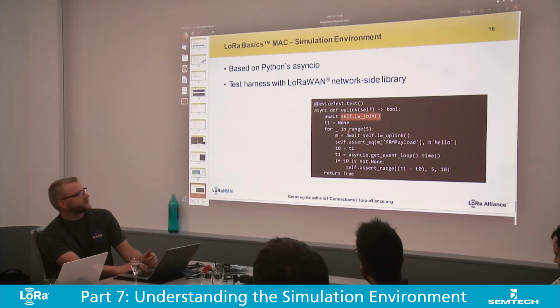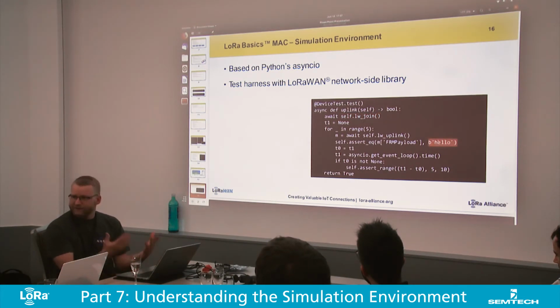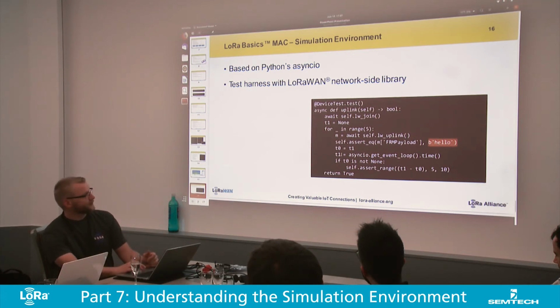Then I go through a loop 5 times. I wait for an uplink. I make sure that it says hello, because that's the payload that we send up in that test application. I could also check that the port is 15, because that's what it's supposed to be, but I don't cover that aspect. Then I check that the difference between now and the last uplink is within the range of 5 to 10 seconds.